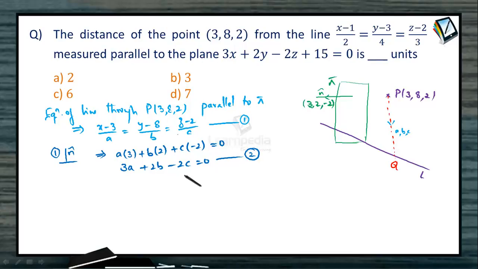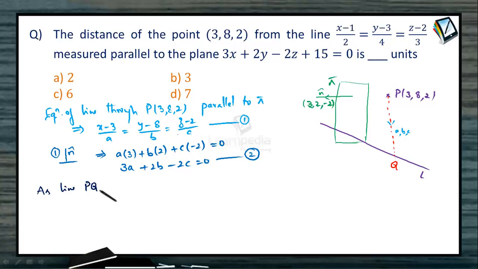Now as we need the proportional values to determine the direction ratios of the line, we need one more equation on a, b, c to get the proportionate values. Now the line PQ is intersecting the given line L. When do we say the line PQ is intersecting the line L?